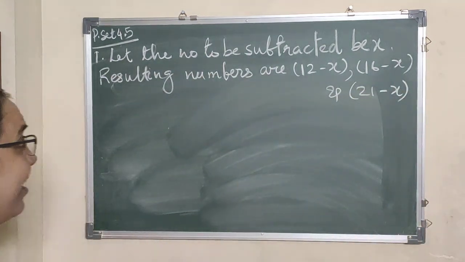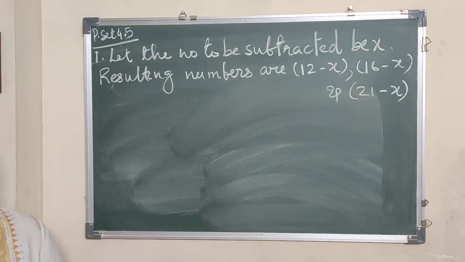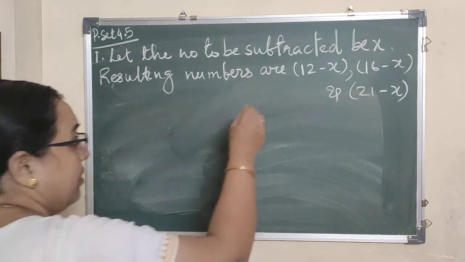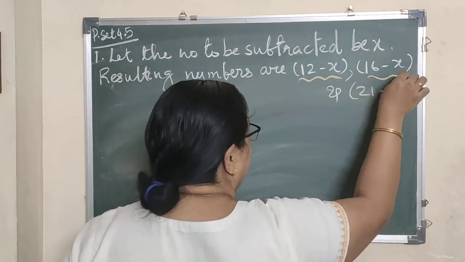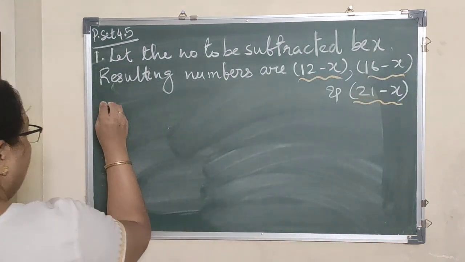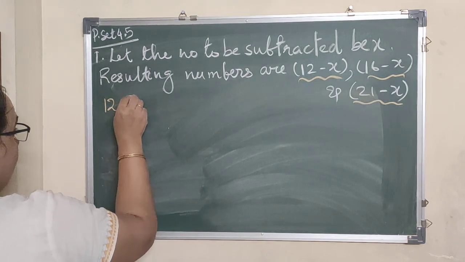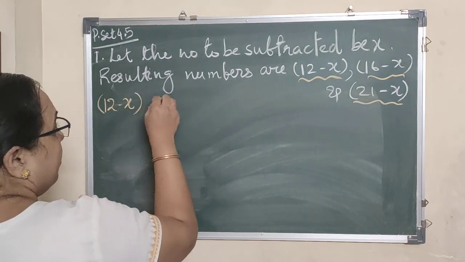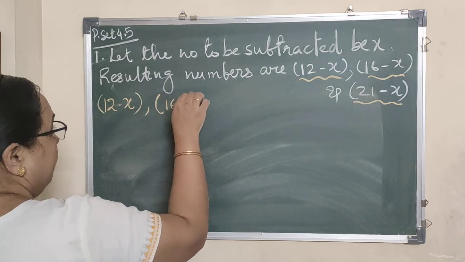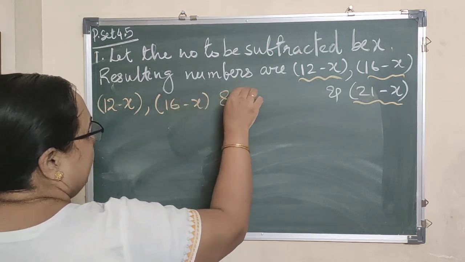So they have very clearly said that these numbers are in continued proportion. So can you see now the sum has taken a similar pattern like the second question, right?